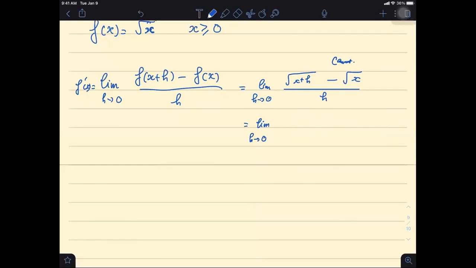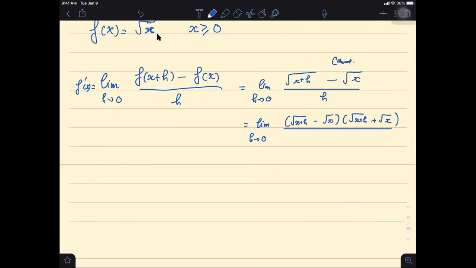So I guess what you would do is probably use the conjugate. Wherever you have a fraction with square roots, you would multiply the entire expression by square root of x plus h plus square root of x.